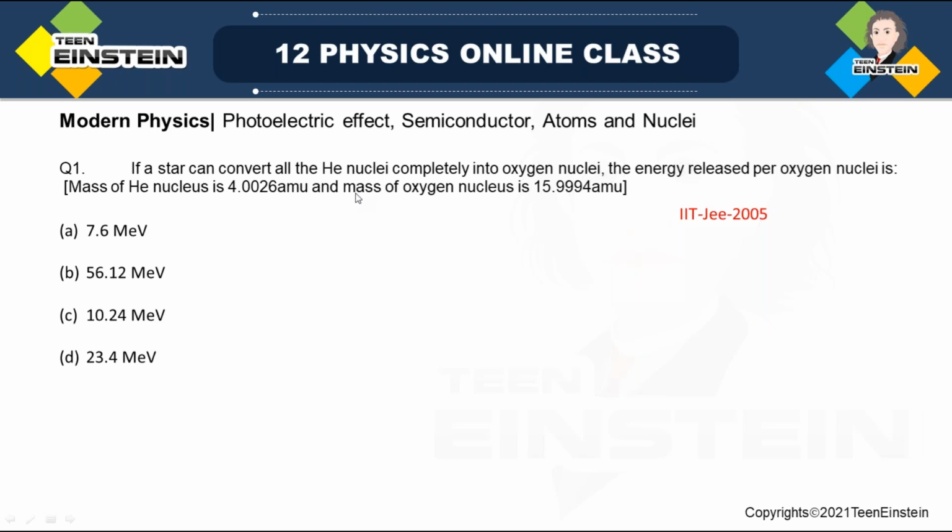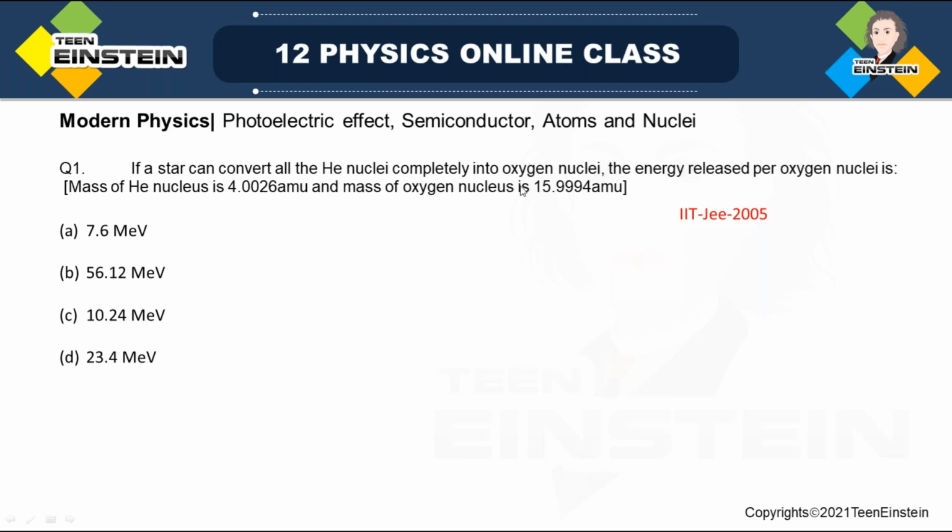You can see the mass of the helium nucleus is given as 4.0026 AMU, and the mass of the oxygen nucleus is given as 15.9994 AMU.